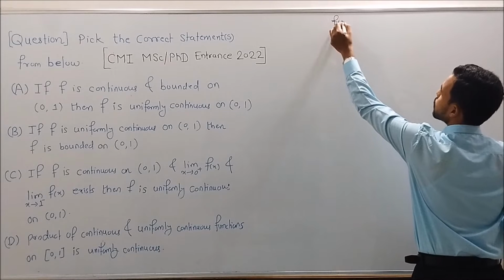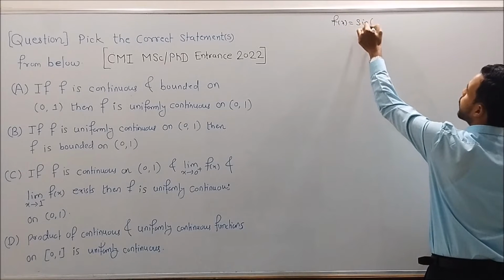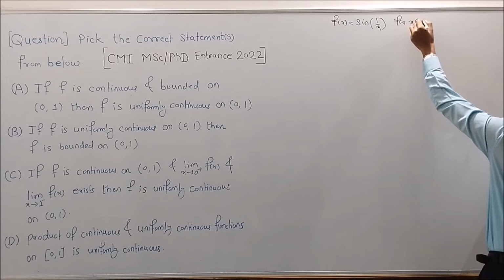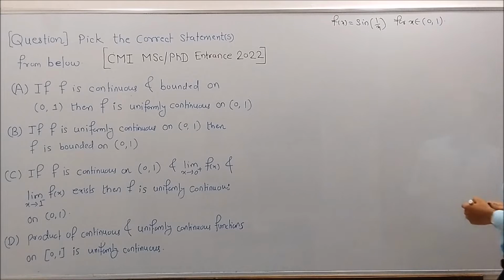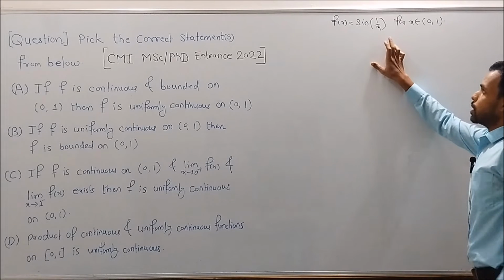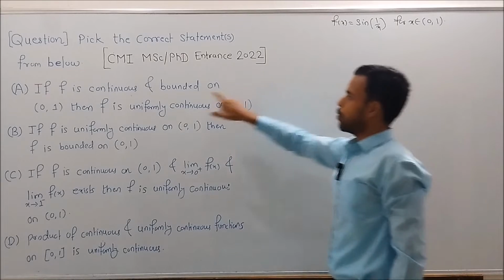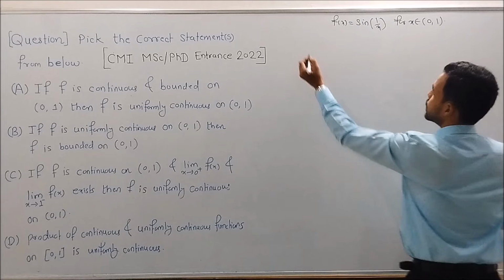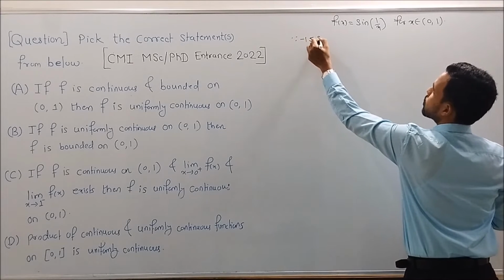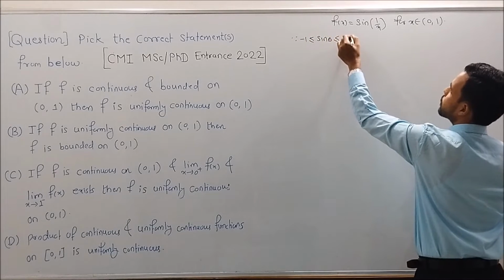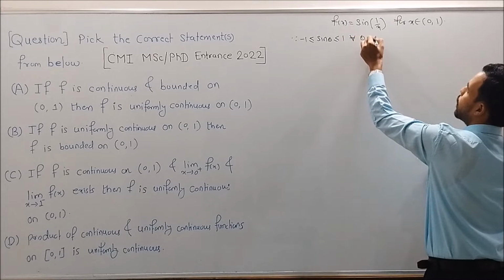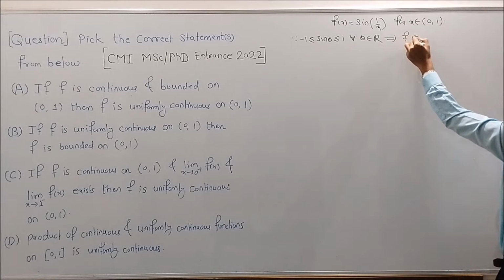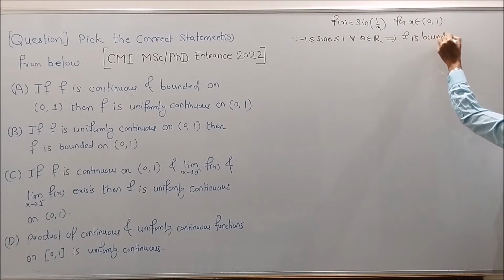For example, consider the function f(x) = sin(1/x) for x belonging to the open interval (0, 1). Then this function f is bounded and continuous on (0, 1). To see this, since -1 ≤ sin θ ≤ 1 for every θ in R, from this inequality it follows that f is bounded.